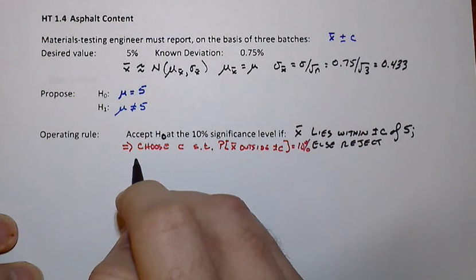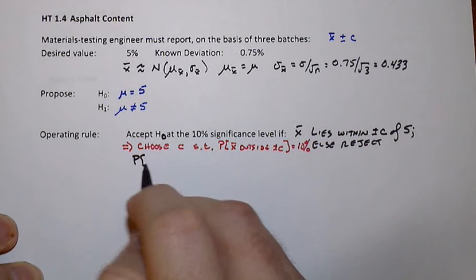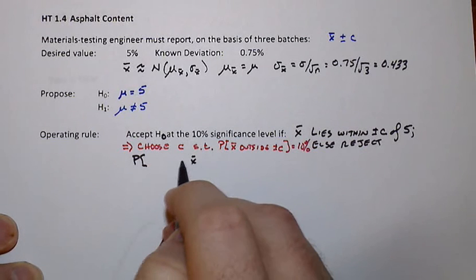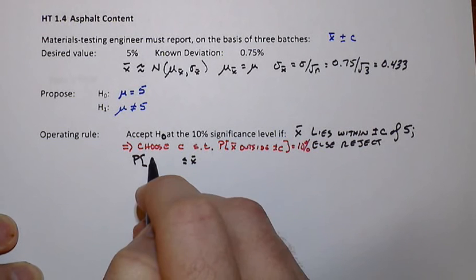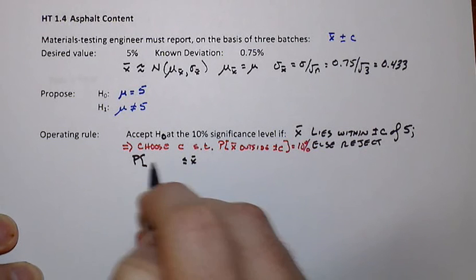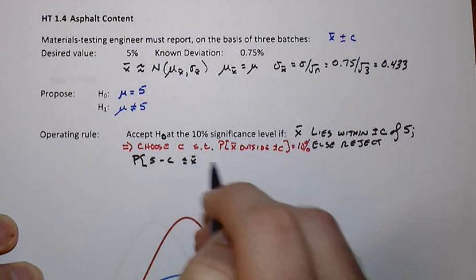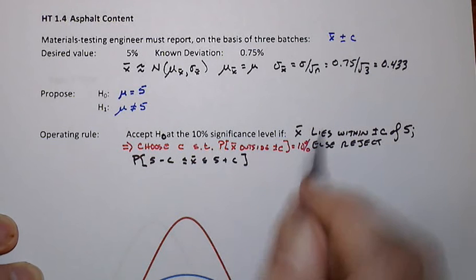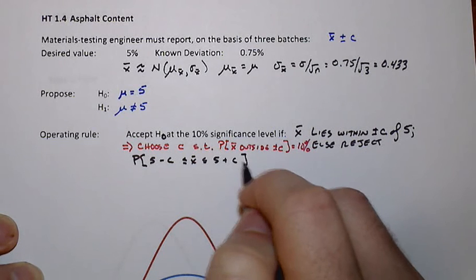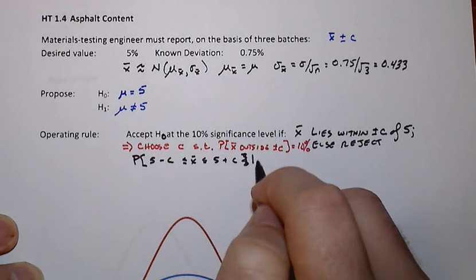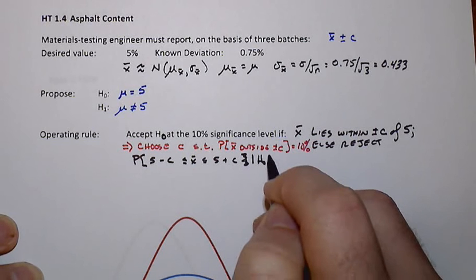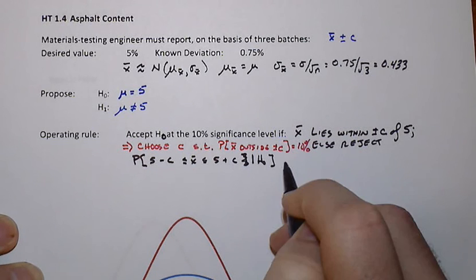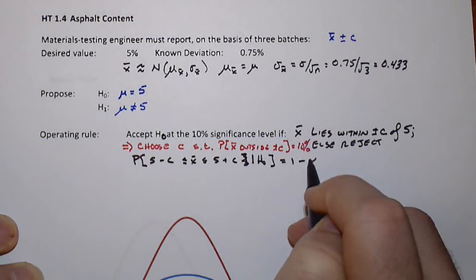And since X bar is normal, then we can go right at this in the following kind of way. Right? The probability here that X bar is outside could also be stated as the likelihood that it's inside, that's 5 minus C, 5 plus C, and that's going to be, given our null hypothesis, equal to 1 minus alpha.